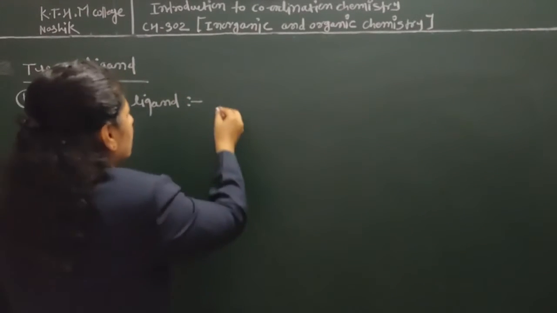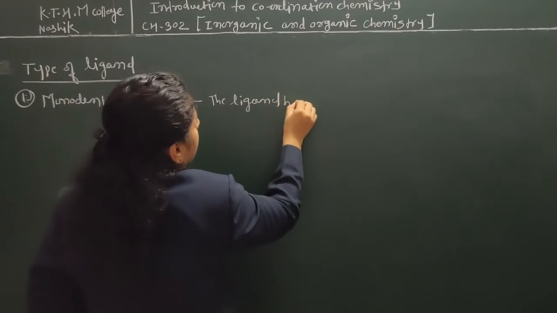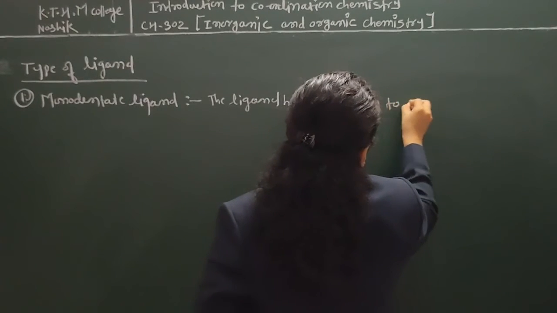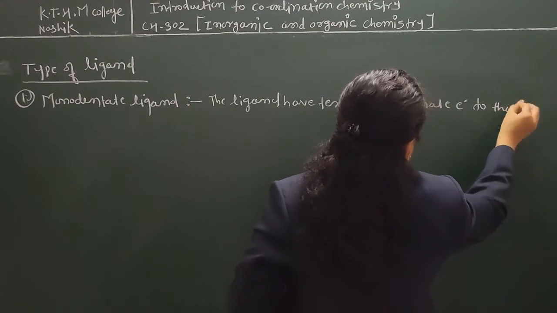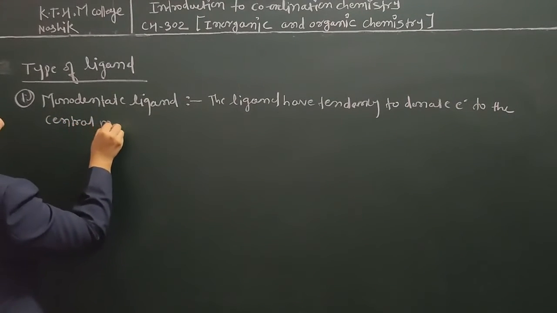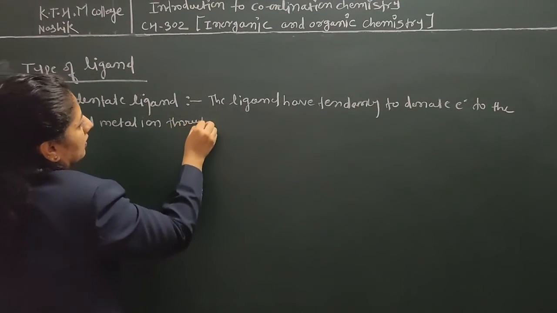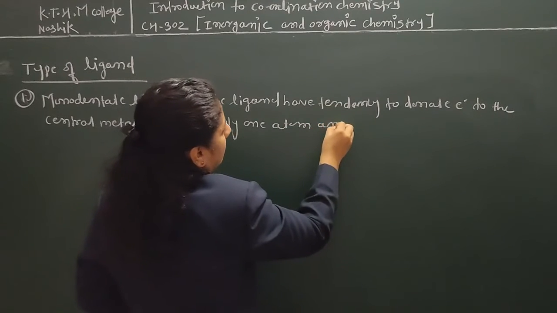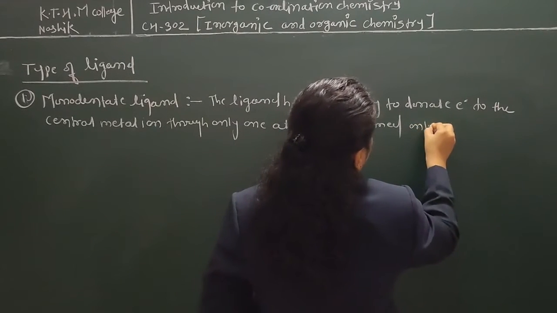A monodentate ligand has a tendency to donate electrons to the central metal ion through only one atom and forms only one coordinate bond.